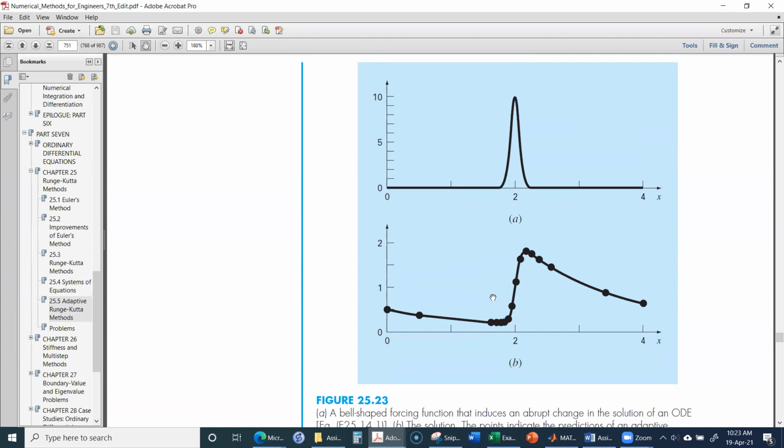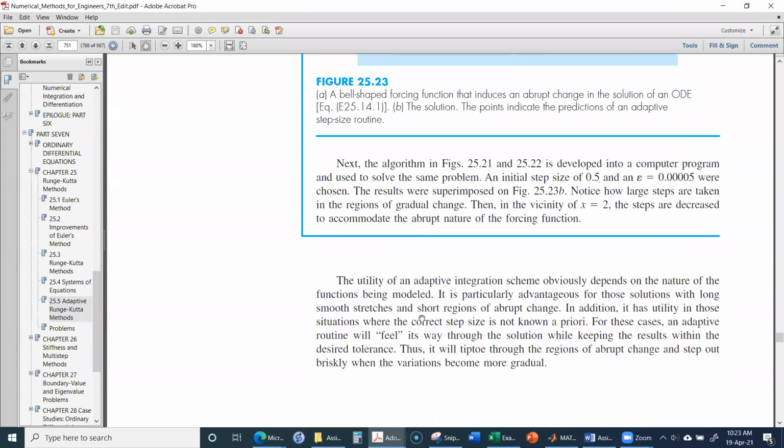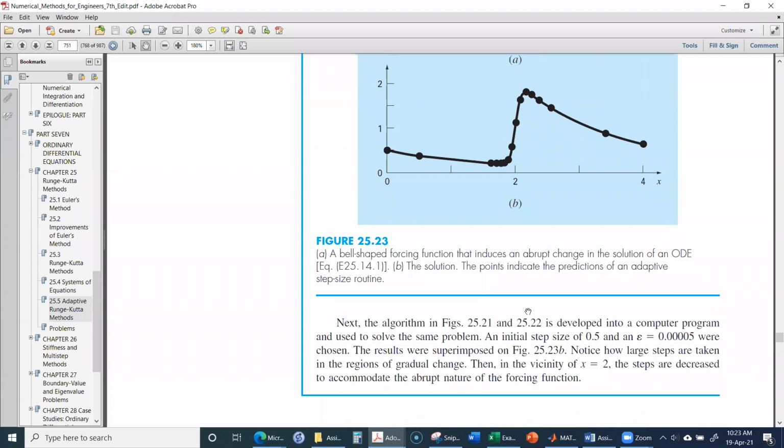That means we don't have to do unnecessary calculations, so computational time in the computer can be saved. So this is what has been done in this example.